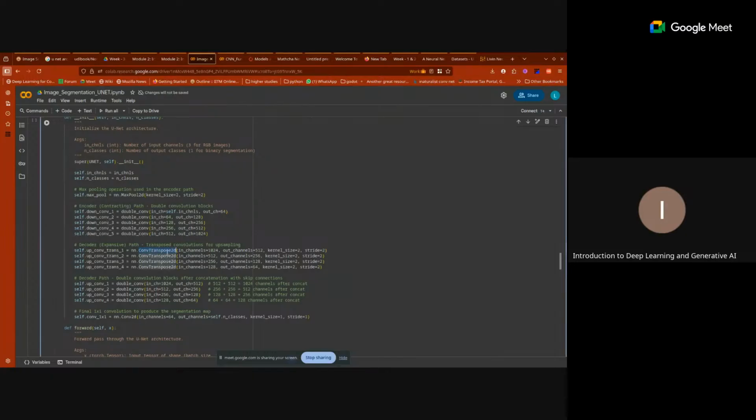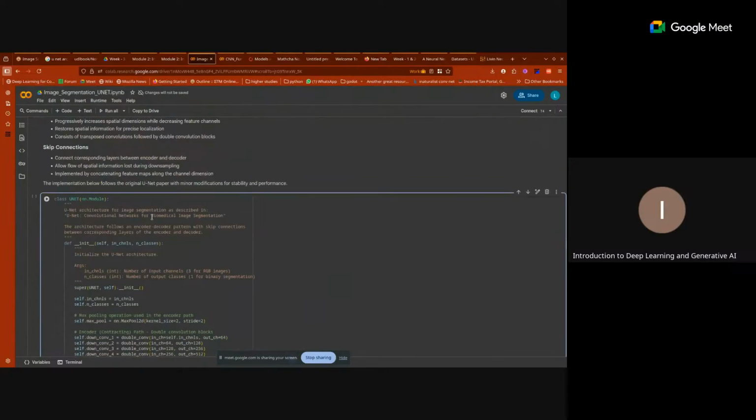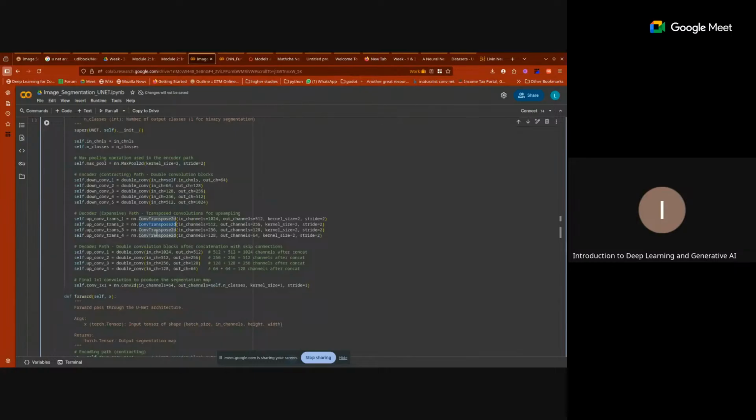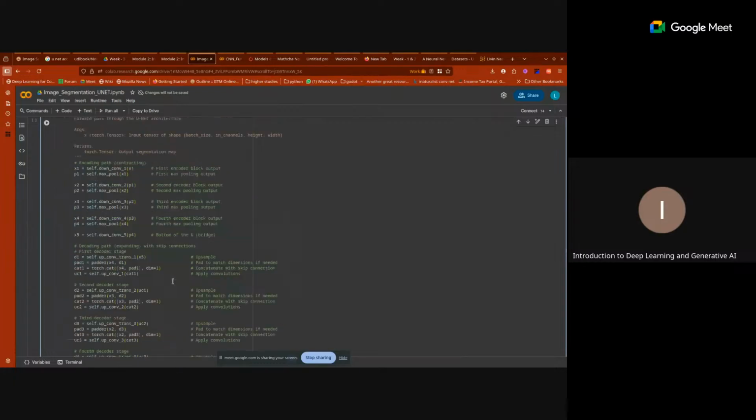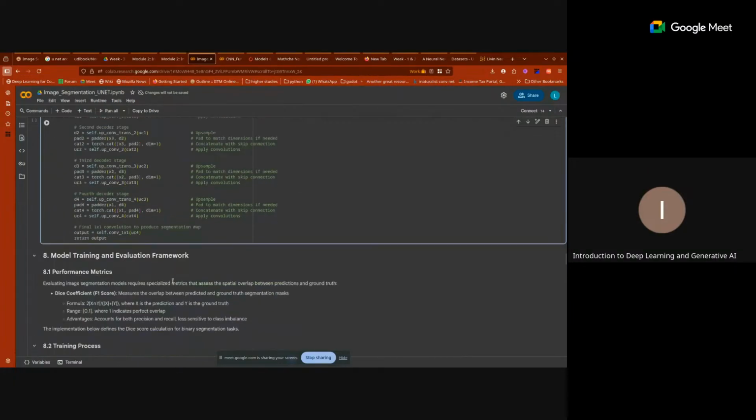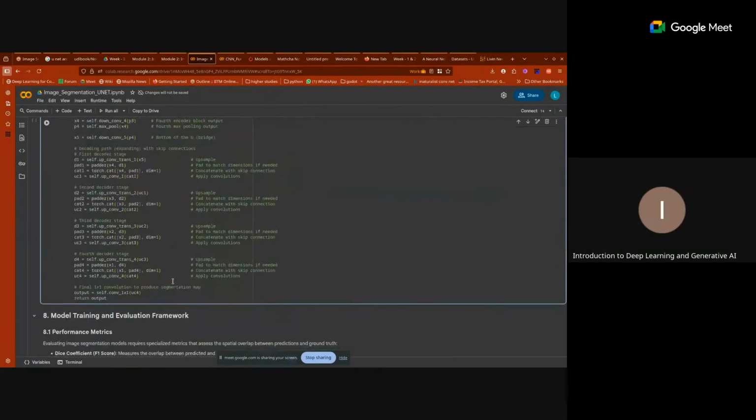Down here, the up-convolution is also a transposed convolution, so basically this is also called deconvolution, right? So we are using this layer, but in convolution, you use the conv layer like that. Okay, so that's about the architecture.